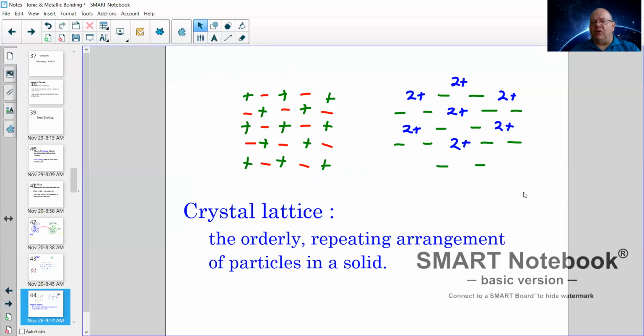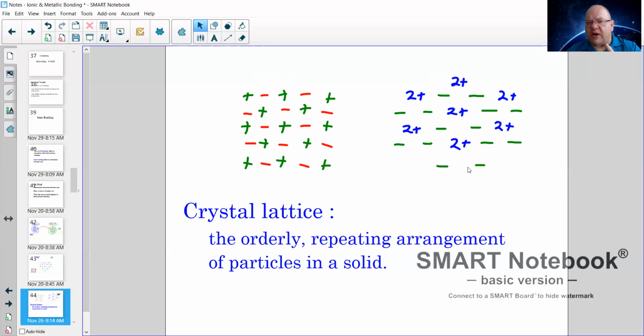What if your positive ions were +2s and your negative ions were -1s? I don't know if this is right, but I tried to draw a pattern where every positive was surrounded by negatives and every negative was surrounded by positives, but tried to keep the positives apart from each other and the negatives apart from each other. And the overall compound still has to be neutral.